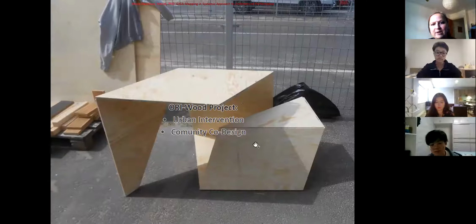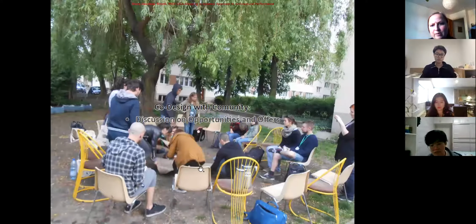Again, this was a very short workshop called Oribut, which was co-designed with the local community. It was an urban intervention for the community, where we met with the community, and we were discussing what kind of intervention they would like to improve their public space, and the community came with an almost impossible task.